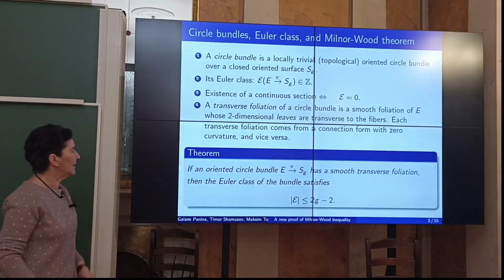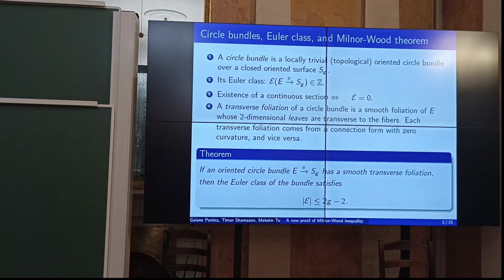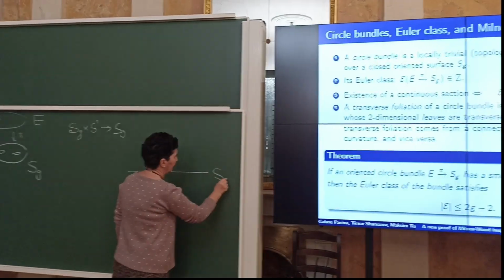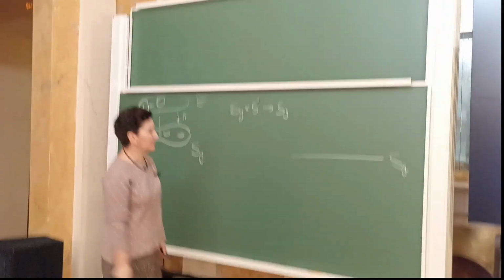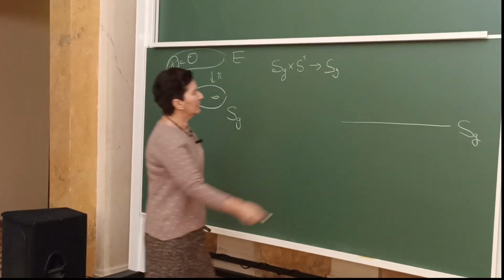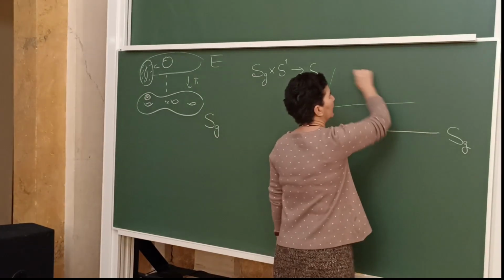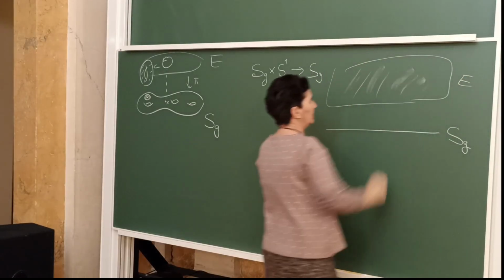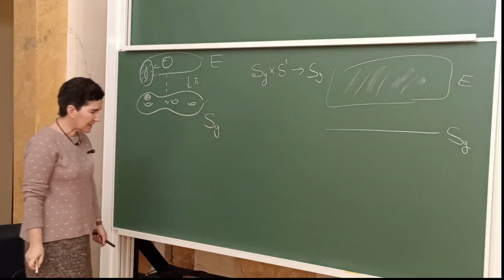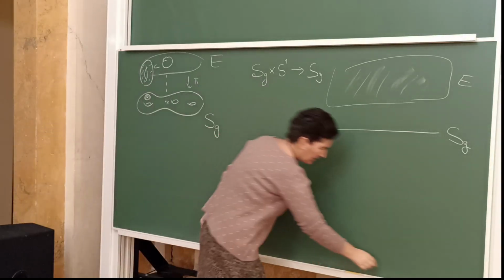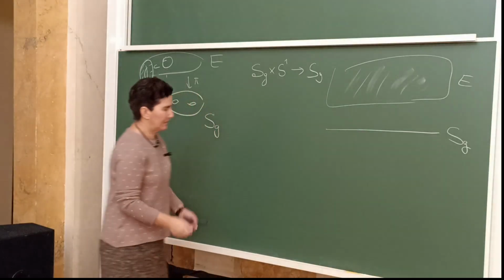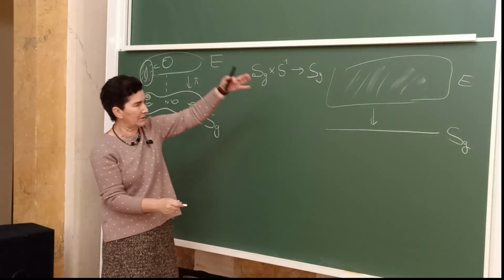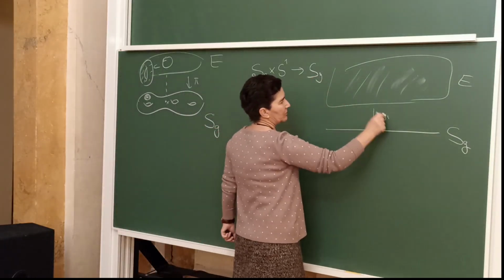Number 3, continuous sections. For this, I will draw another picture. The base will be depicted as something one-dimensional, and the total space, which is somehow two-dimensional. In reality the picture is one dimension bigger. And here is the projection.